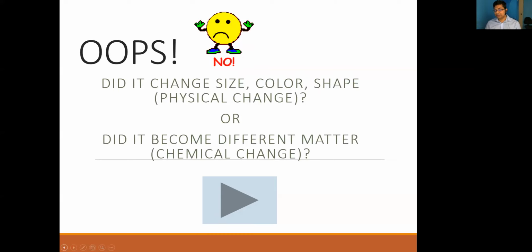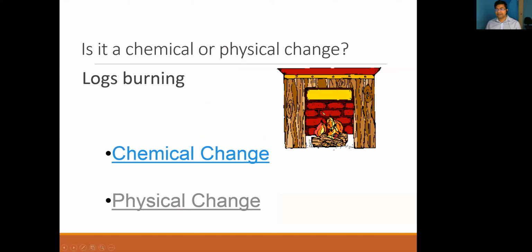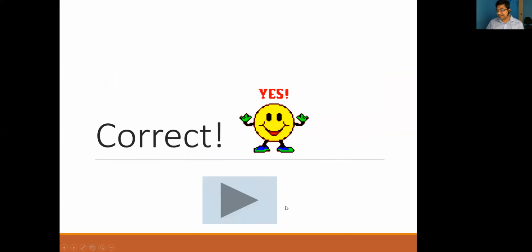So if you burn wood, what will you get? Heat, light, energy, smoke. Great. Yes, we produce some carbon dioxide. That's different things, we are producing some emission. But definitely we are getting a completely new product. It's not a change of shape. That means this is a chemical change, correct?